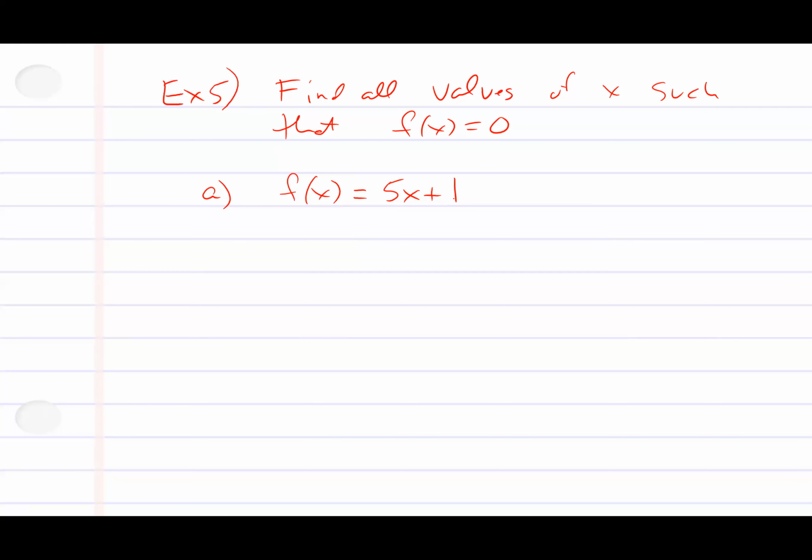Answer is awesome. Okay, so we're trying to figure out when does f of x equal 0. And notice what we do is we just replace this guy with 0. So we're trying to figure out what x value would make the resultant 0, which is different to say this one right here, right? This is kind of what they're trying to make you realize. This one you're plugging in the 0, right?